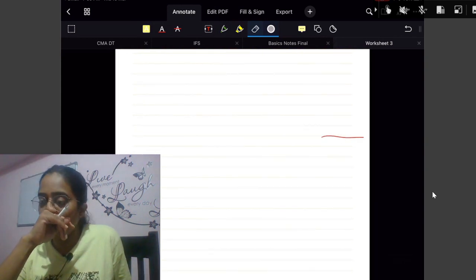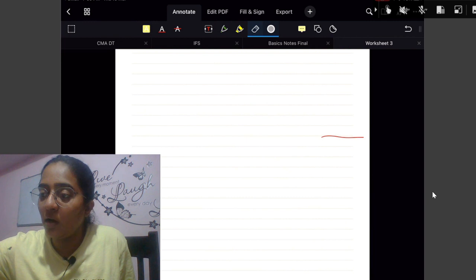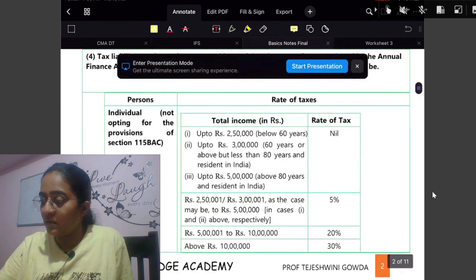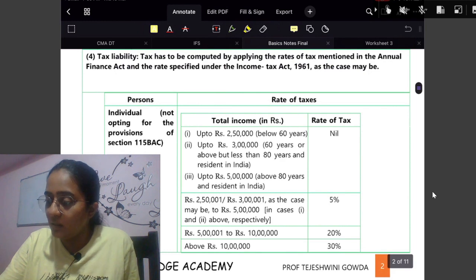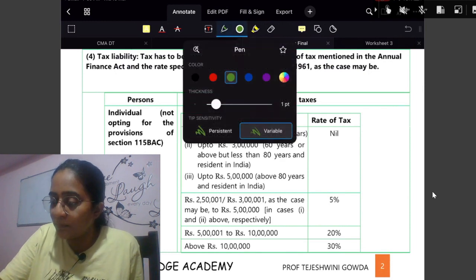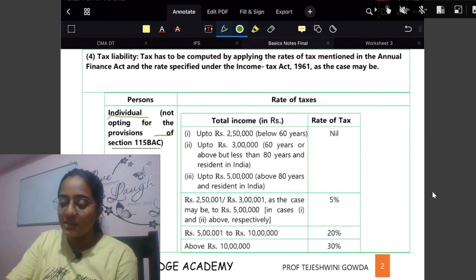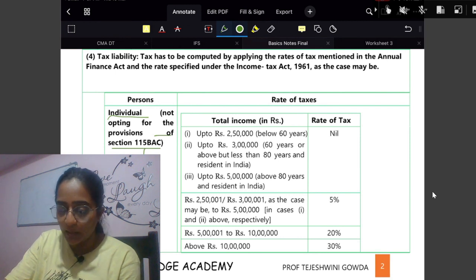Now, this is with respect to individuals. So now let's try to understand what has been provided in the notes for individuals who are not opting for the section 115 BAC. This 115 BAC is a new tax regime for that matter.